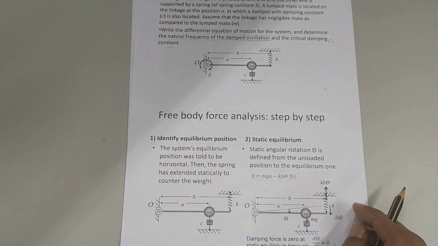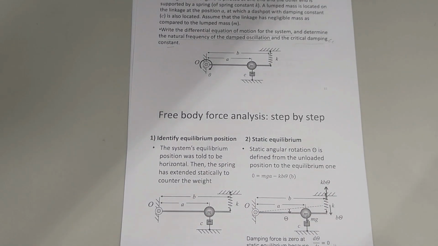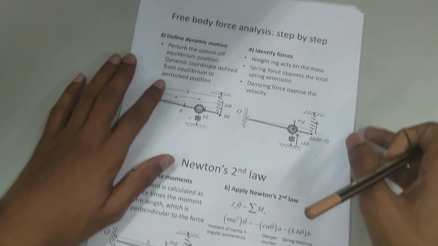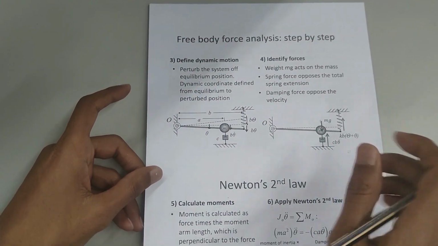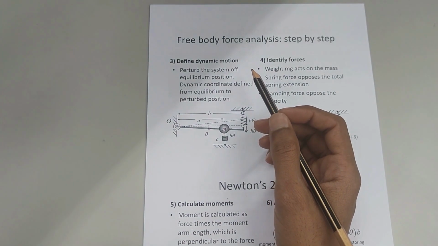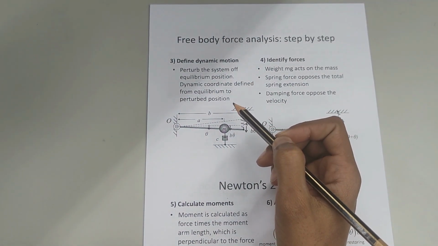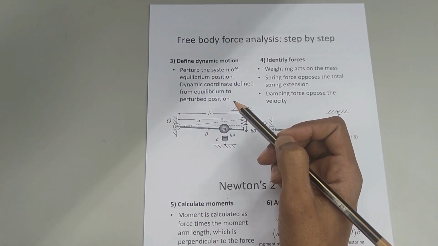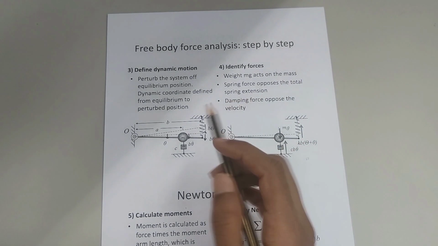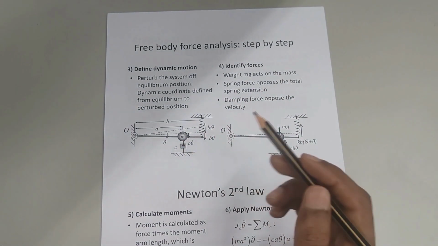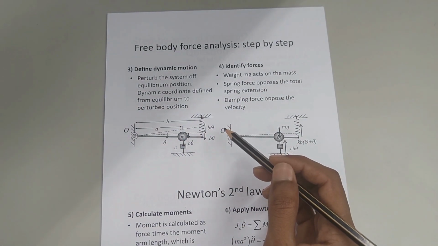Now we are going to define the dynamic motion. For the dynamic motion, the dynamic coordinate is defined from the equilibrium position to the perturbed position.